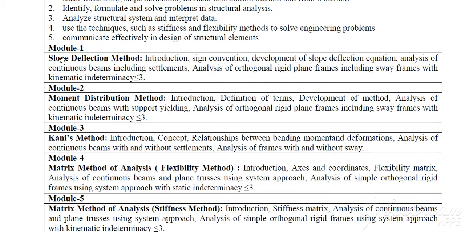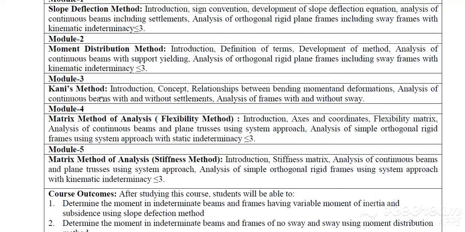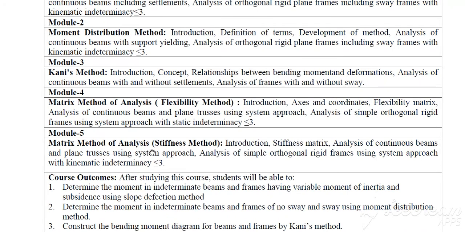It is in the module first, and in the module 2 moment distribution method, and in the module 3 Kani's method, and in the module 4 matrix method of analysis, flexibility method. In module 5 matrix method of analysis by stiffness method.